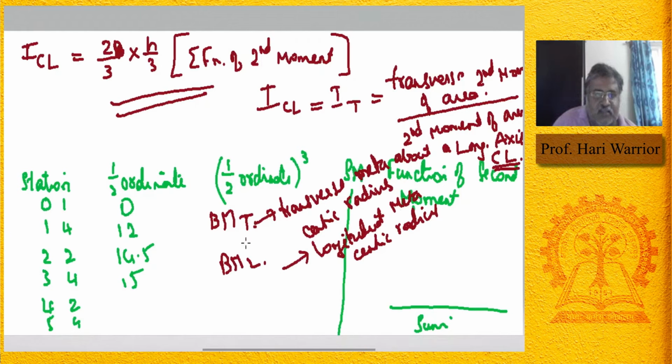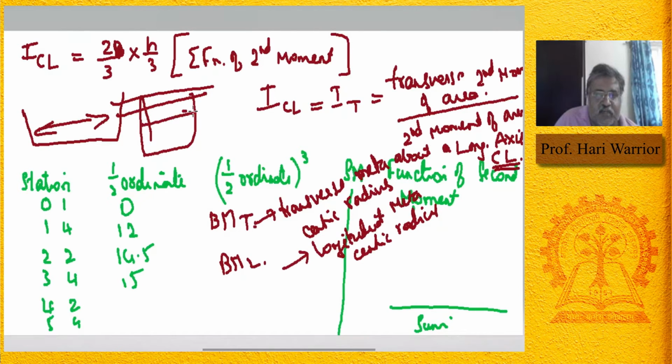So basically the difference is like this. If you see a ship like this, these kind of distances are talked about as longitudinal. Anything longitudinal is about these kind of distances, and its cross section you'll have like this. These kind of distances are basically what we talk about as the transverse.